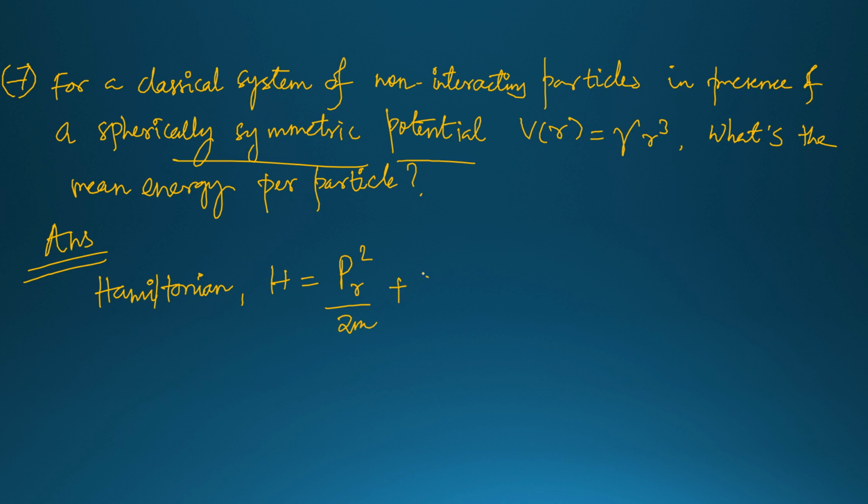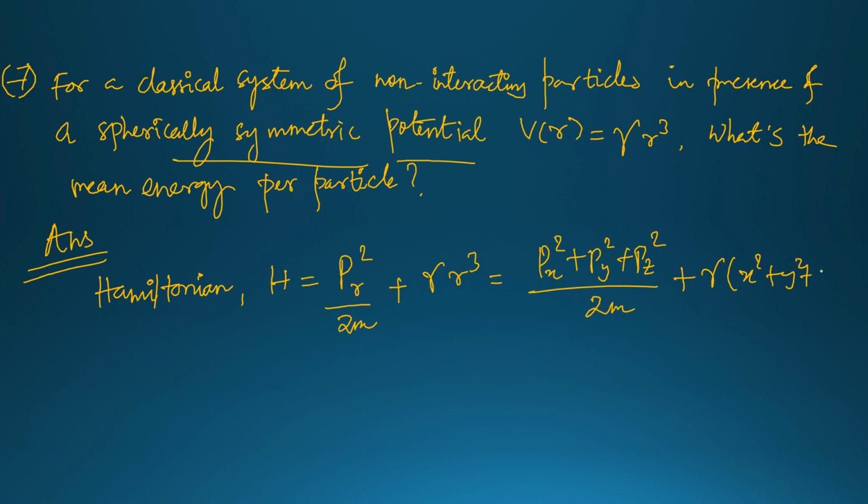We know p squared is px squared plus py squared plus pz squared, divided by 2m, plus gamma times (x squared plus y squared plus z squared) to the power 3 by 2. We need to calculate the mean energy of the Hamiltonian.